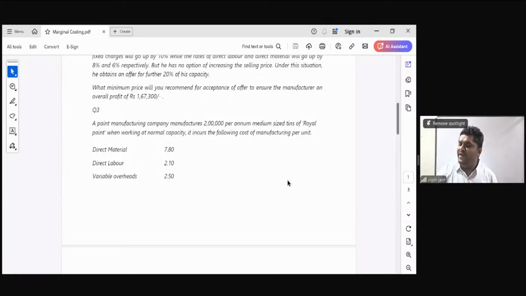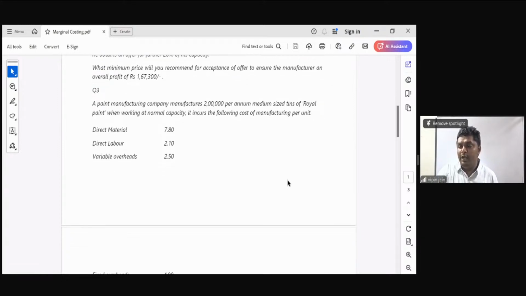A paint manufacturing company manufactured 2 lakh medium-sized tins of royal paint per annum when working at normal capacity. So the capacity of the company is that they can manufacture 2 lakh tins per annum.